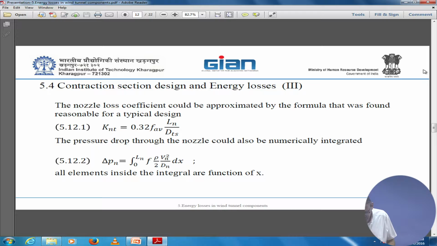Now, we are using the screens to reduce turbulence level. As many screens as you have, you will reduce turbulence level.